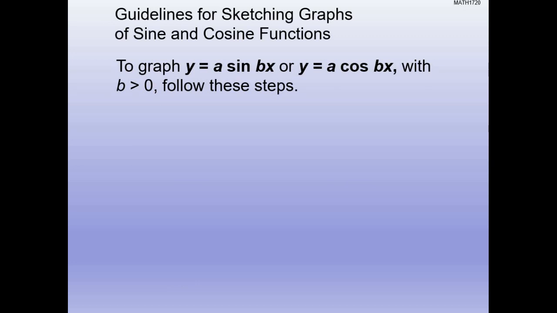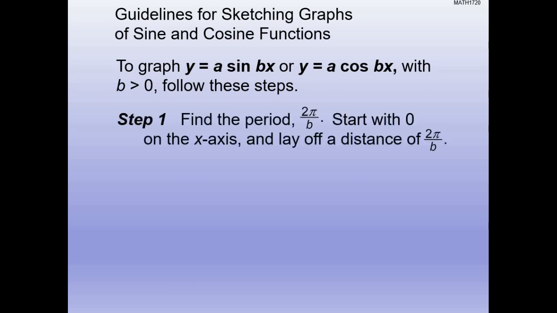So, just guidelines for sketching cosine and sine graphs. The general equation is y equals a sine of bx and y equals a cosine of bx. A represents the amplitude, or how high the wave is going to get. B represents us adjusting the period.